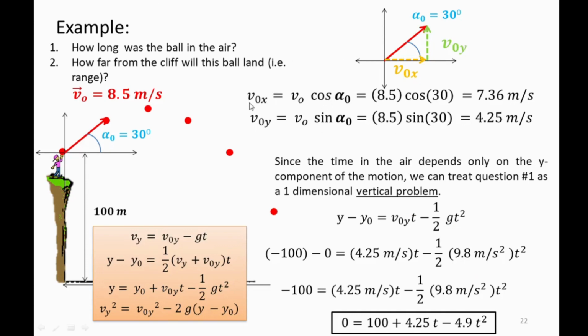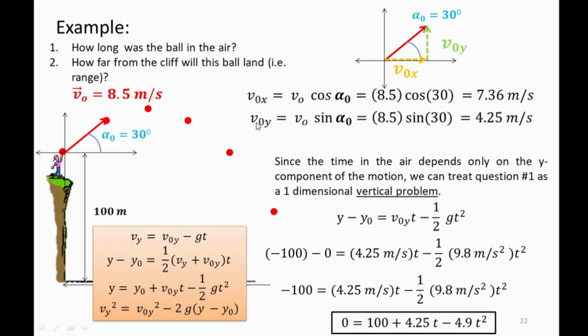We have here the x component of the initial velocity equal to the magnitude of the initial velocity, which is 8.5 meters per second according to the given of the problem, times the cosine of the angle of projection, which is 30 degrees. So 8.5 times cosine of 30 should give us 7.36 meters per second. So this is the x component of the initial velocity.